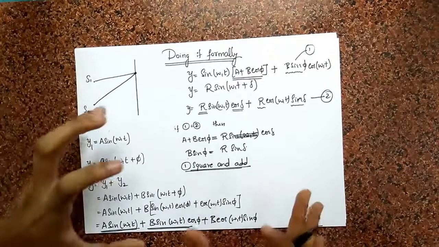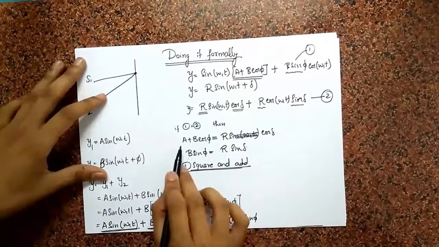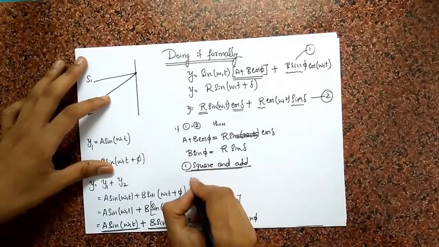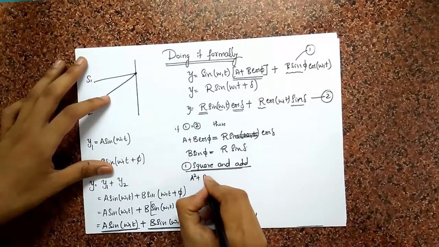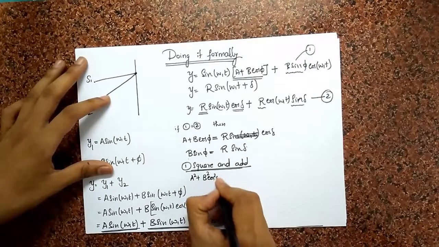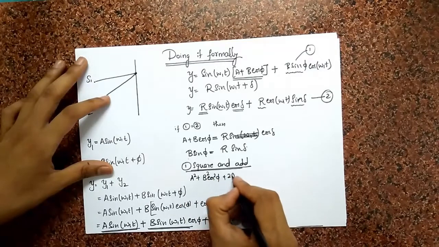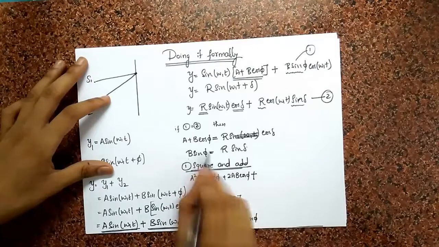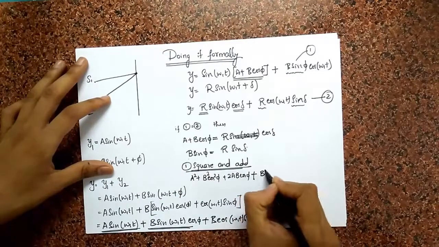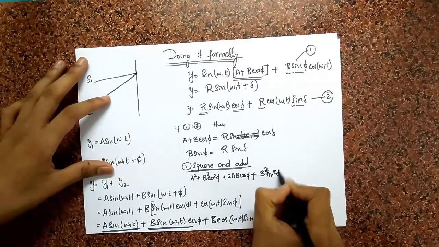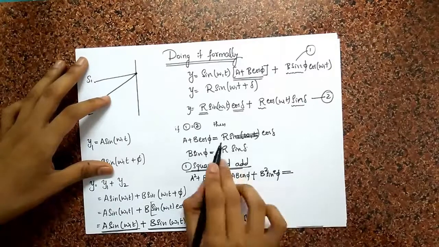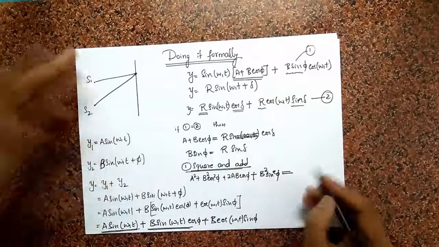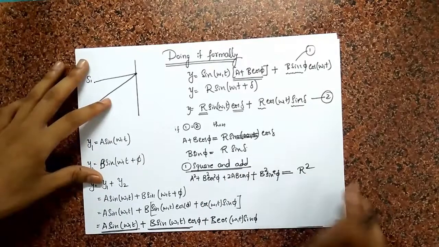So I have to now squeeze in things over here. Bear with me. If I square and add, I get (A plus B cos phi) the whole squared, which is A squared plus B squared cos squared phi plus 2AB cos phi, plus I have this squared, which is B squared sine squared phi, and this must be equal to r squared cos squared delta plus r squared sine squared delta. So that must be just equal to r squared.